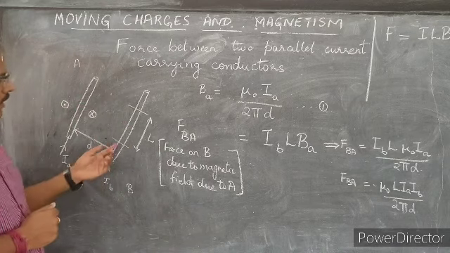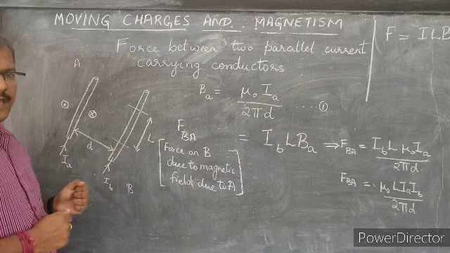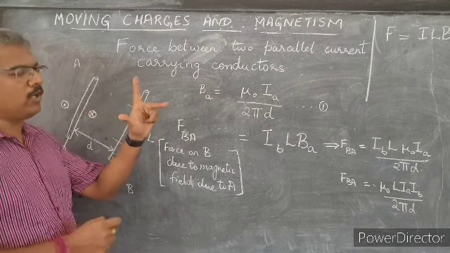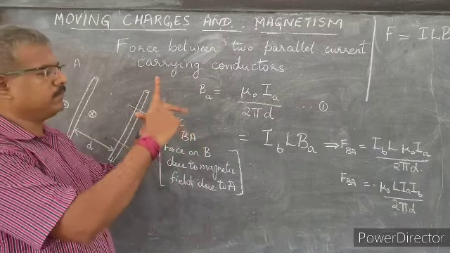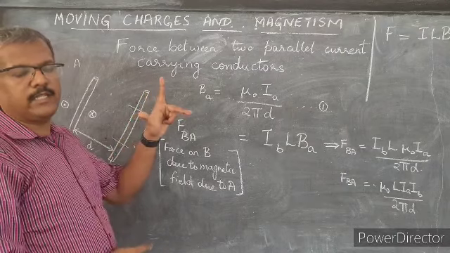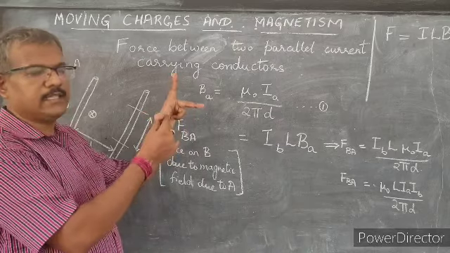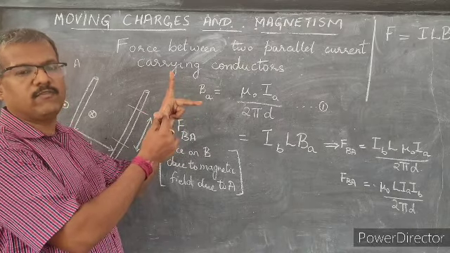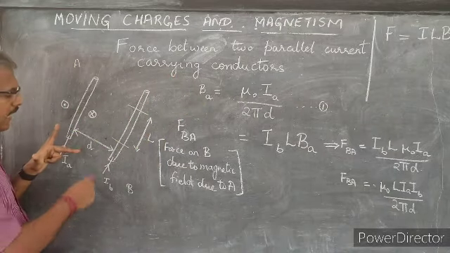So now, to find out the force being felt by this particular conductor, I use Fleming's left hand rule. So in Fleming's left hand rule, if you recall, the middle finger shows the direction of current. The index finger is pointing in the direction of the magnetic field. When these two are aligned, then the thumb will give me the direction of the force being felt by the conductor. So I'll align this according to the two things that I have here.